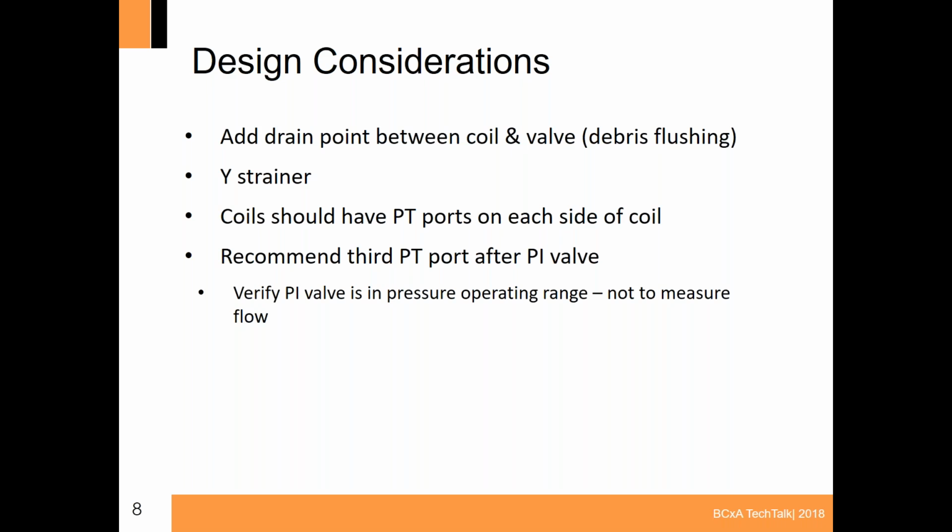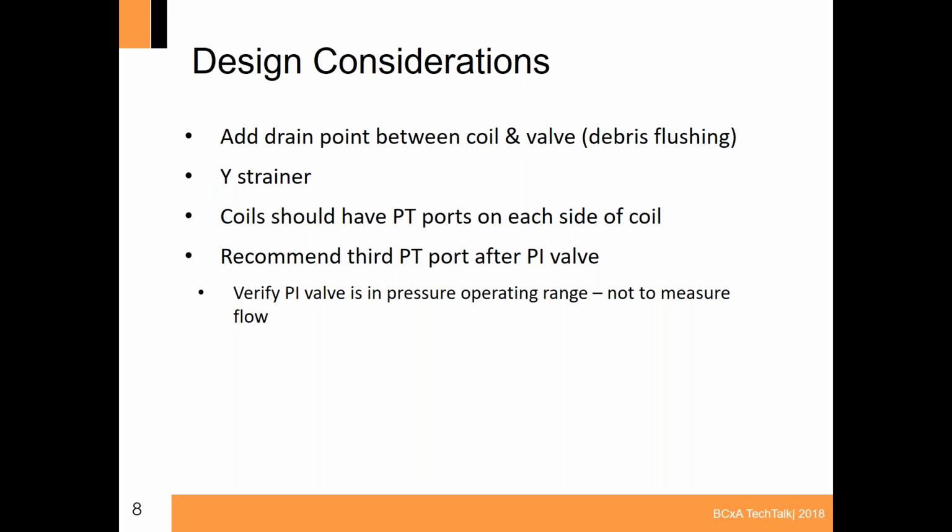Y strainer, of course, you should put that on any, even the traditional systems, but definitely for the pressure independent valves. On the coils, you should have PT ports on each side of the coil, and that's really to measure what's going on with the valve, not necessarily to measure the flow through the pressure independent valve.